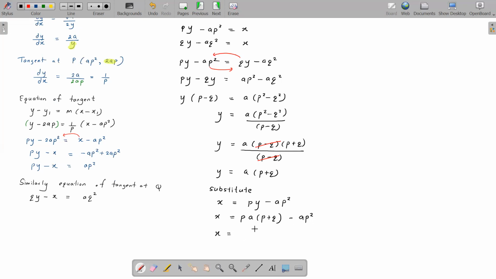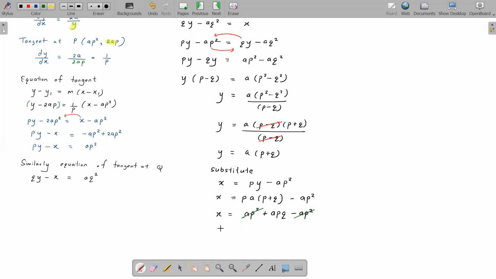When I open the bracket, I get PA into P is AP square, PA into Q is APQ, minus AP square. So plus AP square minus AP square cancels, and I get X equals APQ.